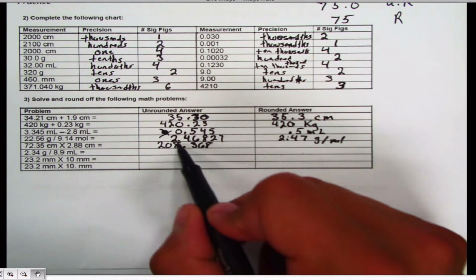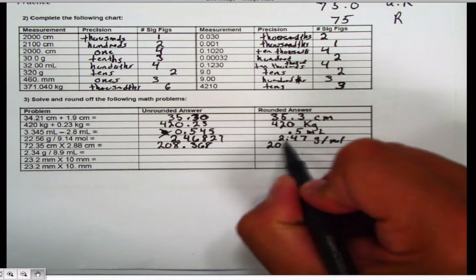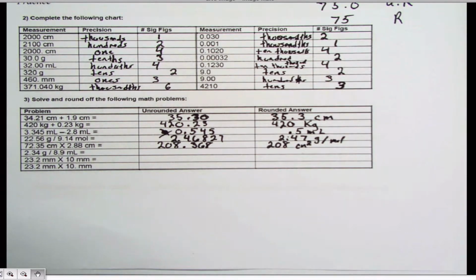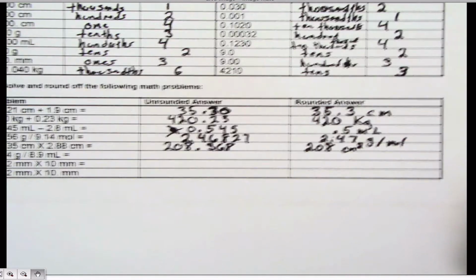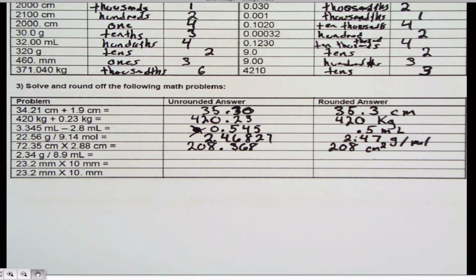So I keep these ones, look at this, there's a 3 there, so it's just going to be 208. And centimeters times centimeters is centimeters squared. That's a little better, huh? There we go.